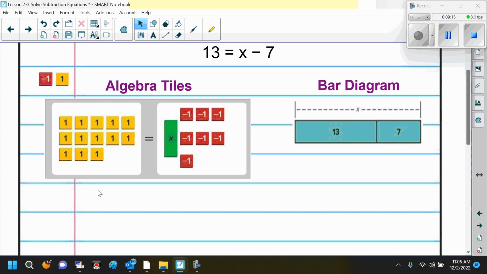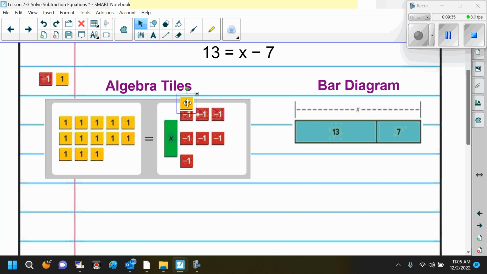Now, when we're using algebra tiles, we want to get the x by itself. Okay? So that means, what do I need to get rid of on this side? I need to get rid of all of those negatives, right? In order to get rid of a negative, I need to put what next to it? A positive. So let me take one of these positives and put it right here.